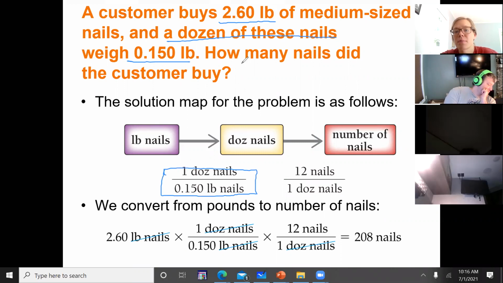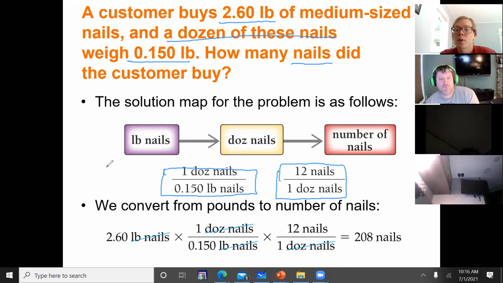Our second relationship: the question isn't asking you for the number of dozens, it's asking you for how many nails. So we need the relationship between a dozen and individual nails, which is 1 dozen of any nails equals 12 nails. So we can convert 2.6 pounds into the number of nails by using these conversion factors. The first conversion factor tells us a relationship between pounds and dozen nails.